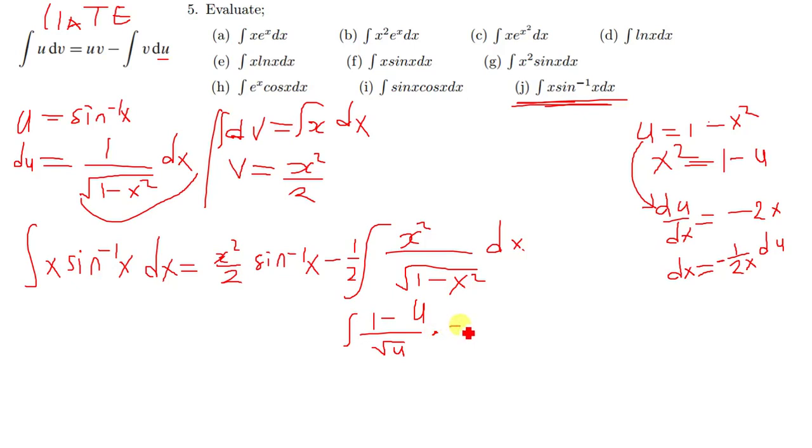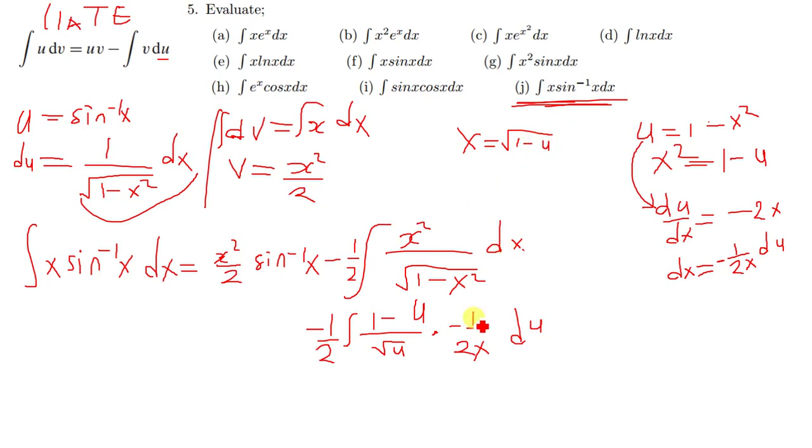So we'll put negative 1 over 2x, and then you have your du there. But remember, where there's x there, you can make x the subject. You can make x the subject from this, meaning your x will just be equal to the square root of 1 minus u.